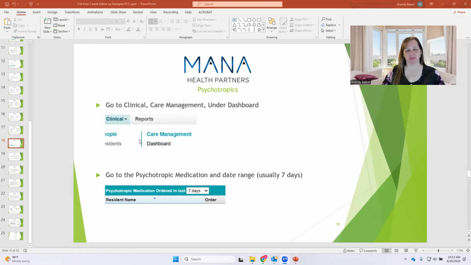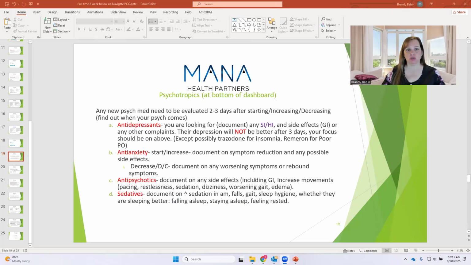Okay, so psychotropics, we already did infections. Go to the psychotropic medication and date range it, usually about 7 days. You should be looking at this at least once a week. So the question is, why are we reviewing psychotropics 2 to 3 days after the psych nurse practitioner is changing medications?